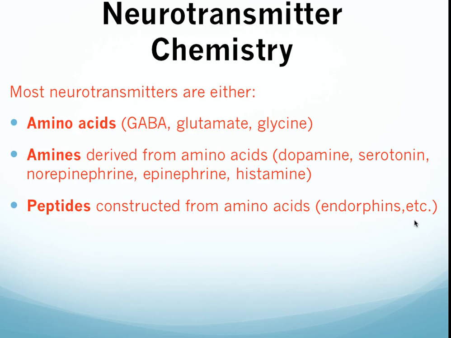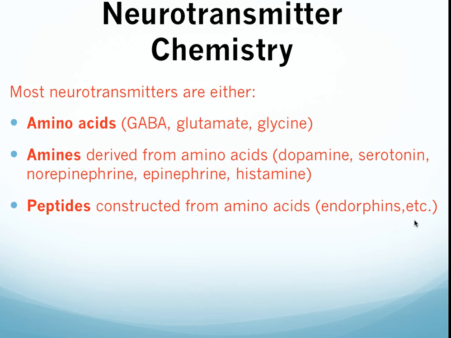Then you have your amines. Now, sometimes this is separated into monoamines or catecholamines, but they're all amines. It's just different ways of categorizing them, okay? And if you remember from the structure of an amino acid, one of the reasons why it's called an amino acid is that it has an amino group, right? It's an NH2. So amines are named amines because they have NH2 groups, okay?